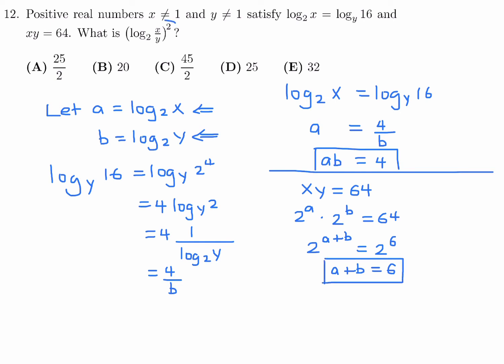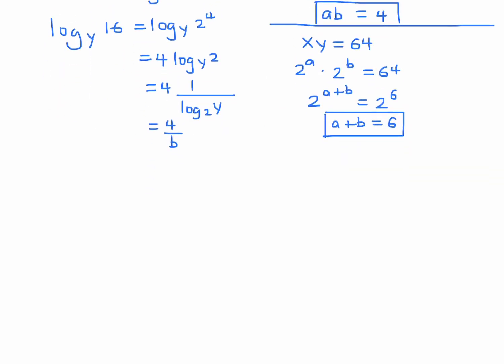So now I'm ready to tackle this guy, which is what they want. And that guy is log of x over y to the base 2, all squared. Well, using log rules, that's going to be the log of x to the base 2 minus the log of y to the base 2, all squared.